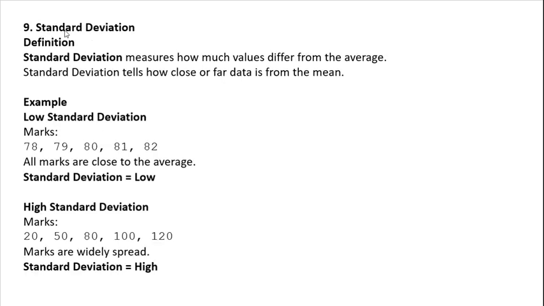And ninth is standard deviation. Standard deviation measures how much the values differ from the average. The standard deviation tells us how close or far the data is from the mean. For example, for a low standard deviation, the marks given are 78, 79, 80, 81 and 82.